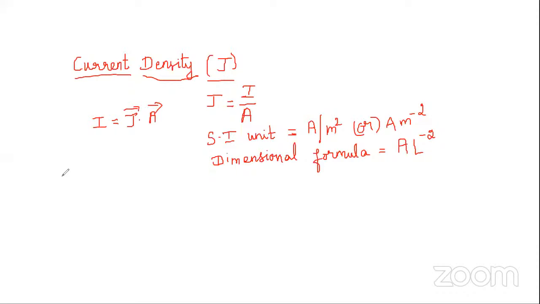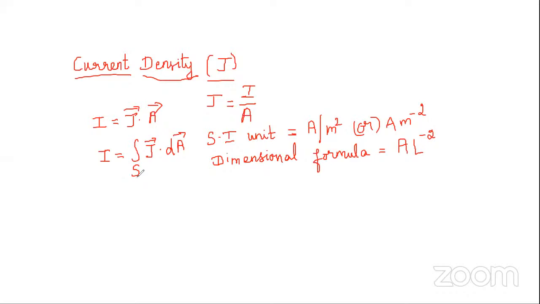Another method to calculate the current from the current density is I equal to the integration of J dot dA, and this integration is over the surface for which you calculate the current. So these are the several methods to calculate the current from the current density.